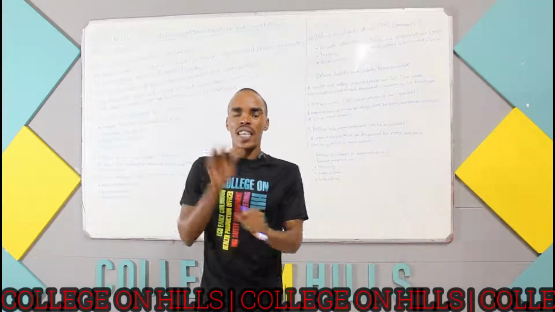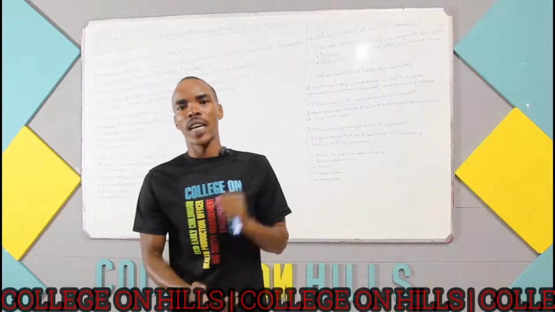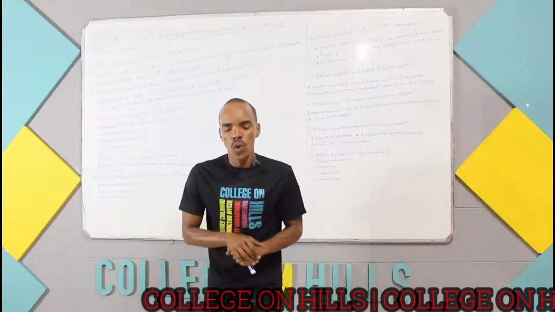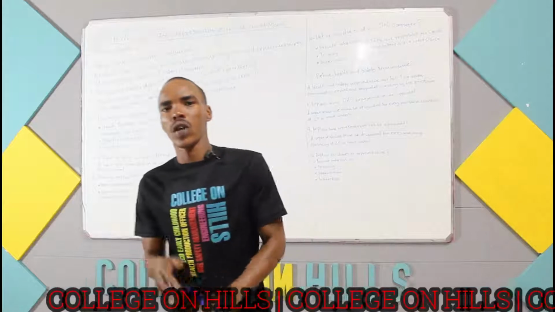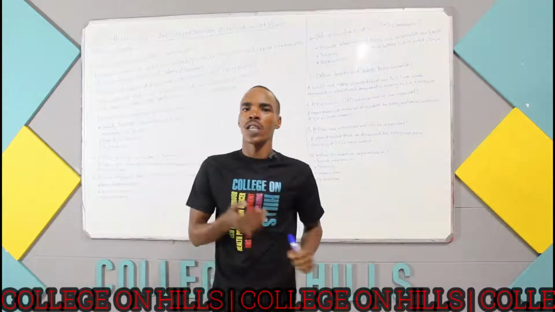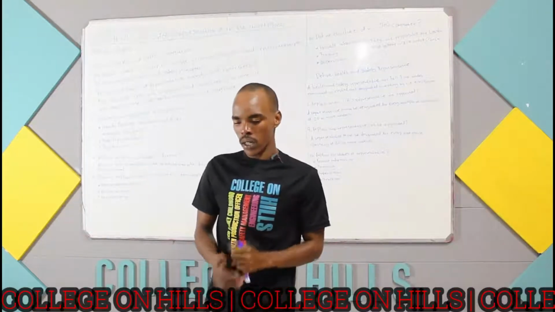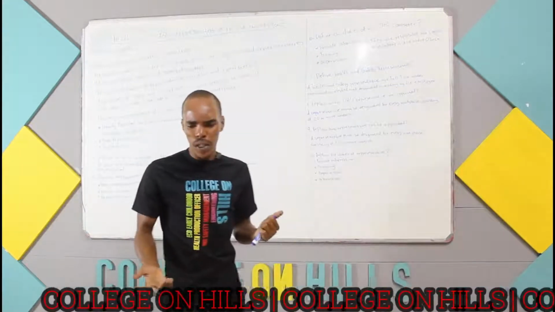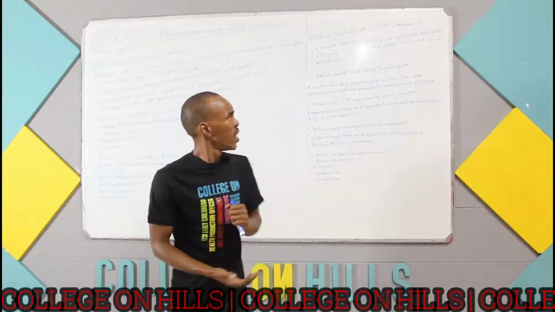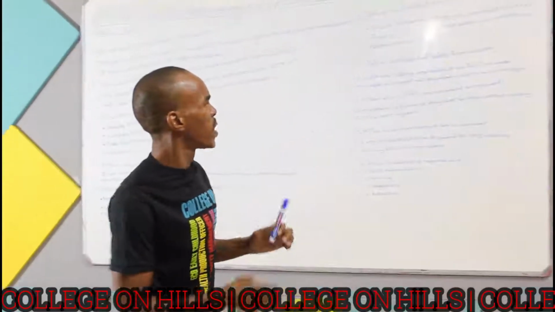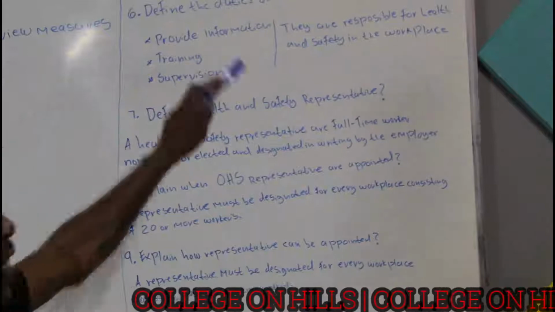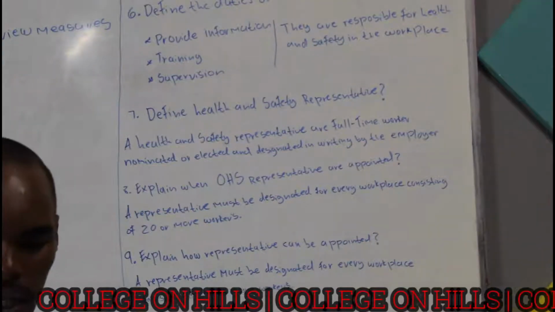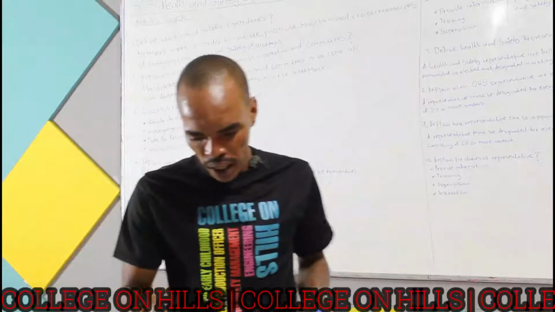So he or she must be inspected and told, you are now working in a place that you are not designated, so go to your designated area and do work there. And supervision, yeah, we've talked about supervision. And the OHS committee is also responsible for health and safety in the workplace. It's a responsibility for the committee.